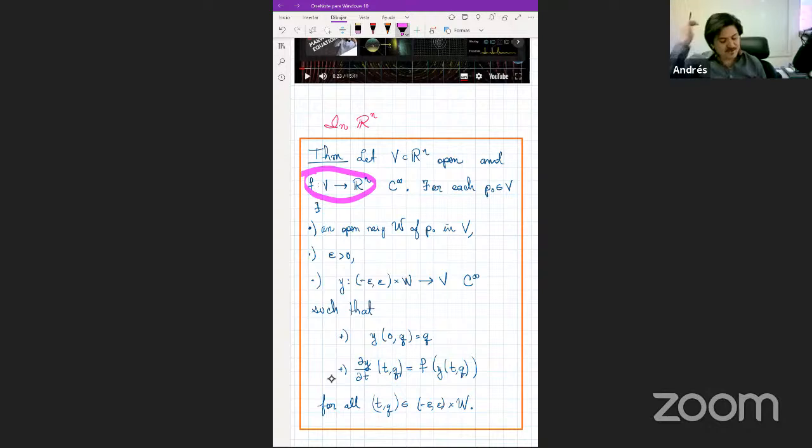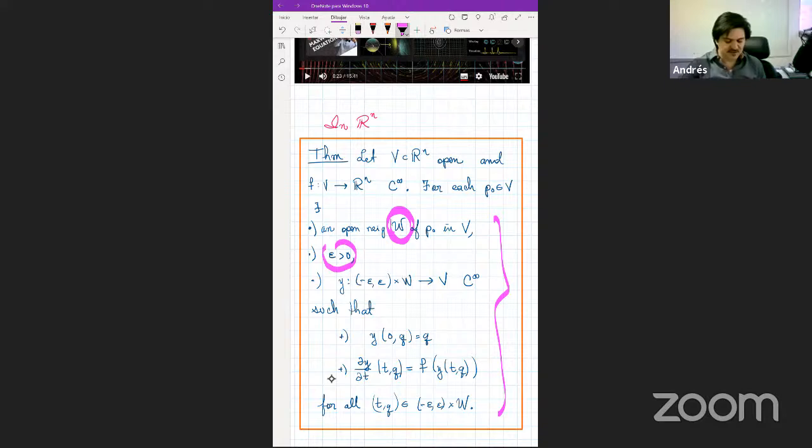I have some open set V. I have the vector field F. And then these are the conclusions. In some smaller subset of V, I'm going to define the flow. So epsilon is going to be the domain of my integral curve.